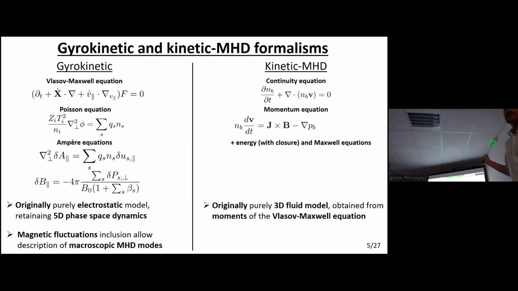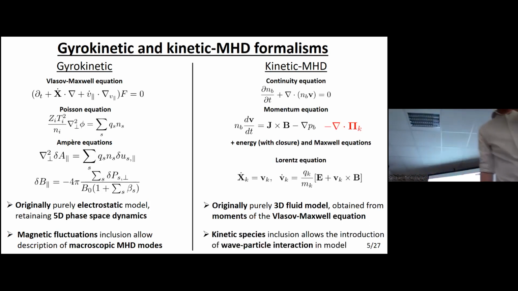Since we saw that to predict the EP transport we need some kind of kinetic approach, in recent years those codes included the kinetic approach by using the Lorentz equation to describe, in 6D for example, the trajectories of fast particles, and to have a coupling into the MHD equation by taking into account the divergence of the pressure tensor here. Those two formalisms can simulate the transport accurately and realistically.